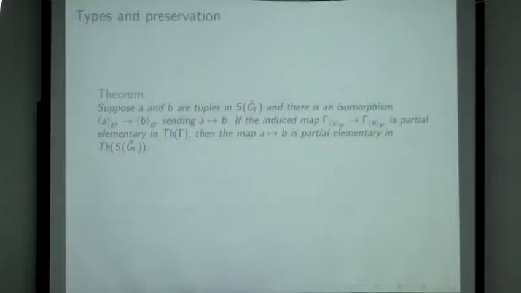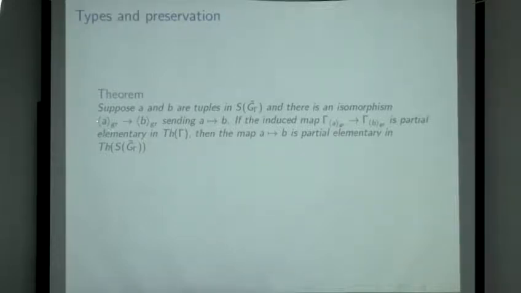Okay. So here's the theorem, which tells us how to analyze types in the inverse system. Suppose I take two finite tuples from the inverse system, and I look at the graph closed substructures that they generate. So this is a subsystem which is graph closed.